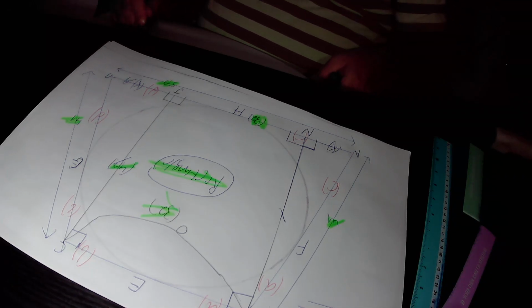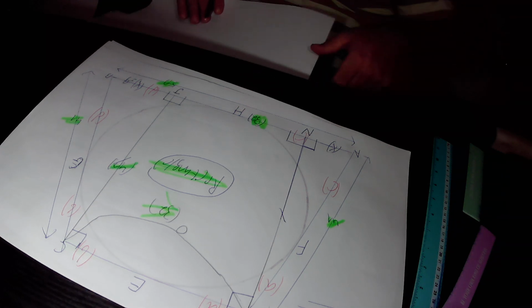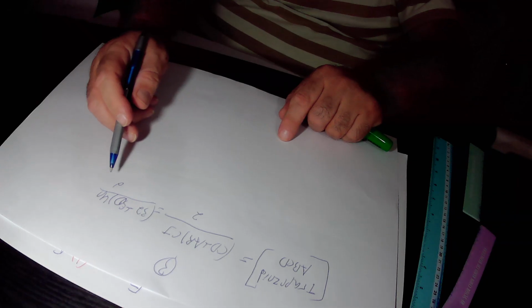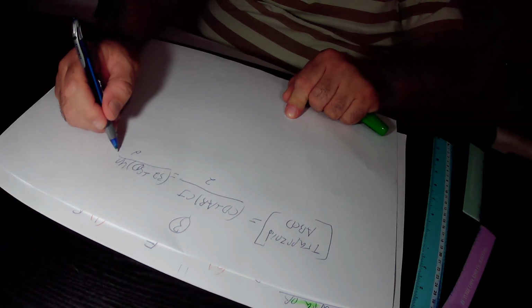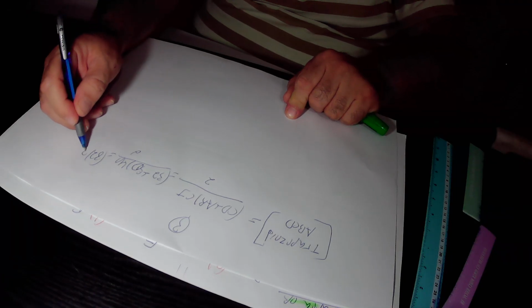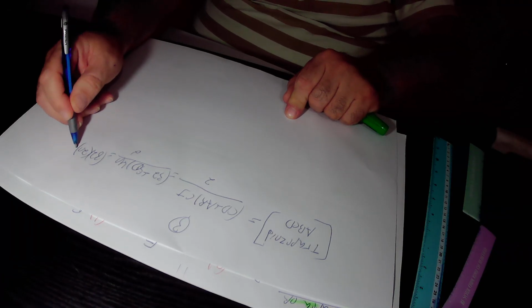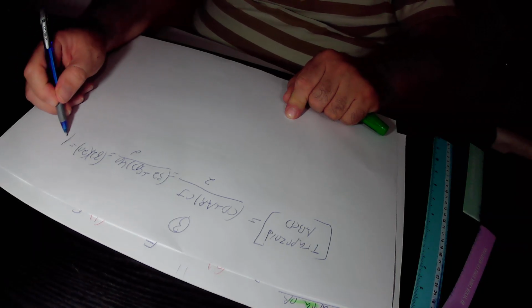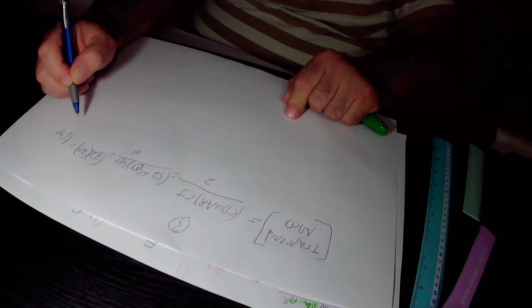So in total we found out that the area of this trapezoid ABCD equals 32 plus 50 times 40 over 2. 32 plus 50 is 82, and 40 over 2 is 20. So in total, the area of trapezoid ABCD equals 82 times 20. 82 times 20 is 1640 square units in size.